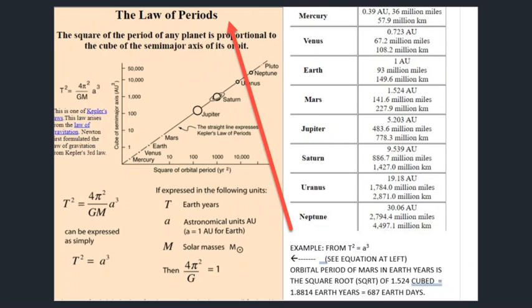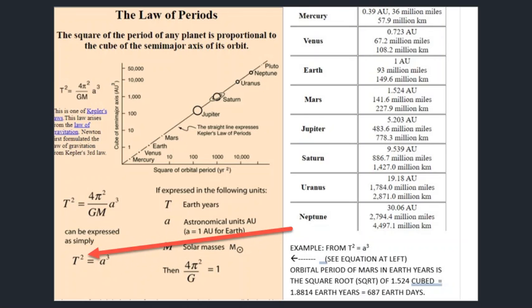Kepler's law of periods tells us if we use distance in astronomical units and the period in Earth years, we can use this nice simple formula: the period squared in Earth years equals the astronomical units cubed. Well, the astronomical units here is 4. 4 squared is 16, so 4 cubed is 64, and that's equal to the period squared in Earth years.